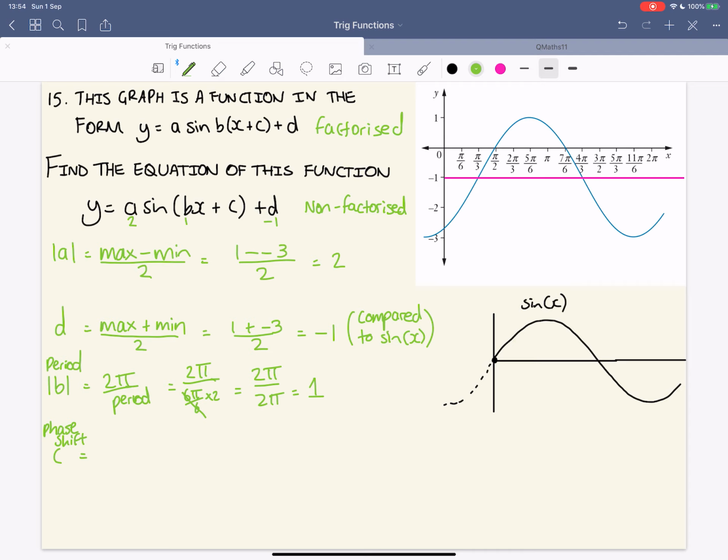Now, phase shift is fairly straightforward. If we just consider where a sine function starts, well, the standard sine x function always starts at this point here, which is actually, if you think about it, the midpoint, right? A sine function starts at the midpoint when you're at 0, okay? So we're going to assume it's the case with this function here.